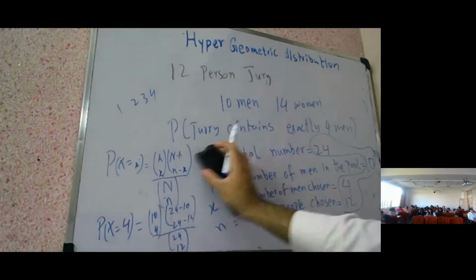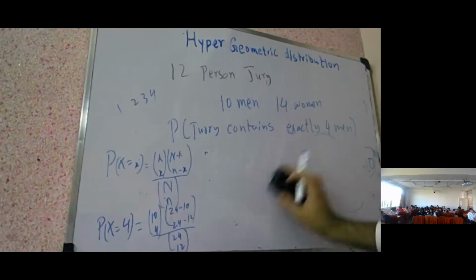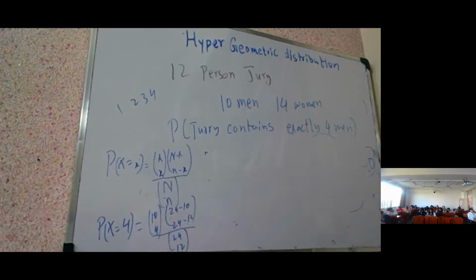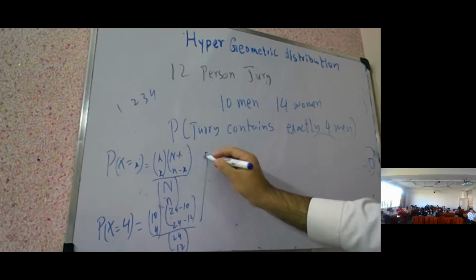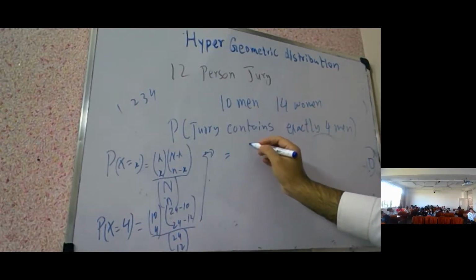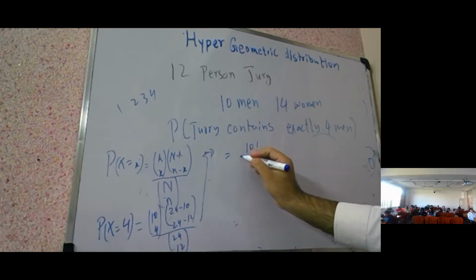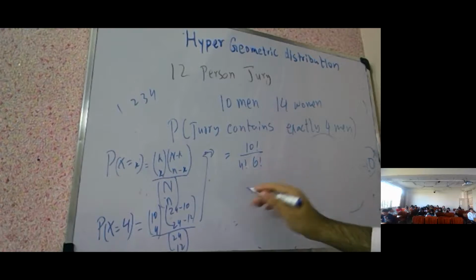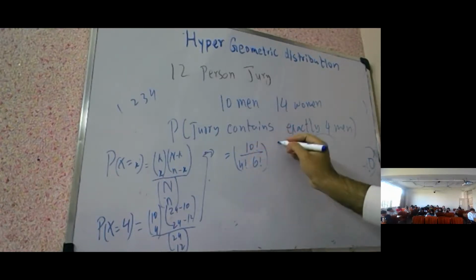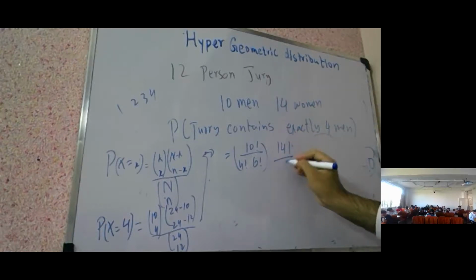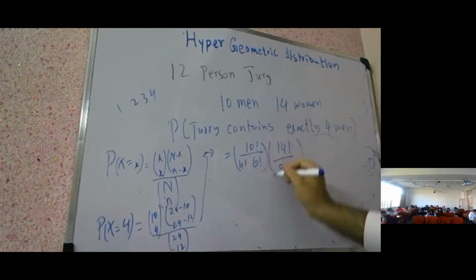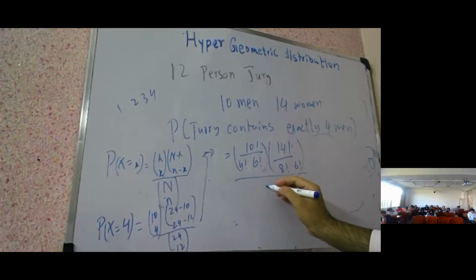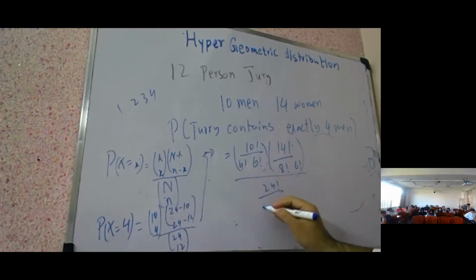So that's how we calculate it, which is 10 factorial upon 4 factorial into 6 factorial, 10 minus 4 is 6, times 14 factorial upon 8 factorial into 6 factorial, 14 minus 8 again 6, divided by 24 factorial upon 12 factorial into 12 factorial.